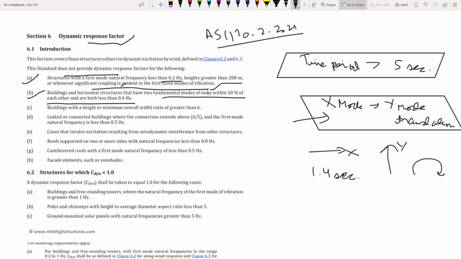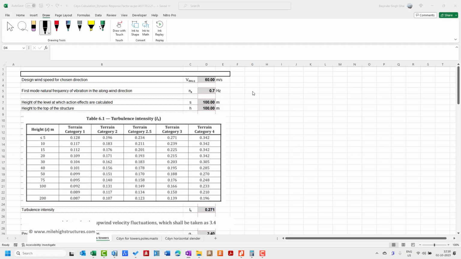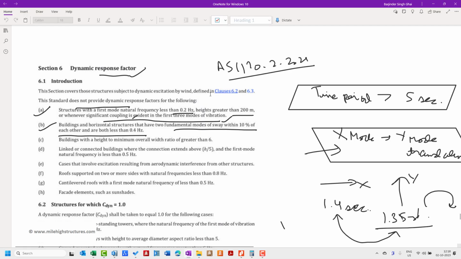And when the building is translating along the y, as the second mode of vibration, we are getting a time period of 1.35 seconds. So if the time period for the first mode is 1.4 and for the second mode is 1.35, in that case we get two fundamental modes of sway within 10% of each other, and in that case it is not recommended that we follow the formulae given in the code.